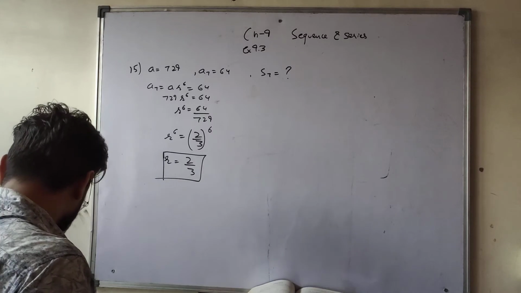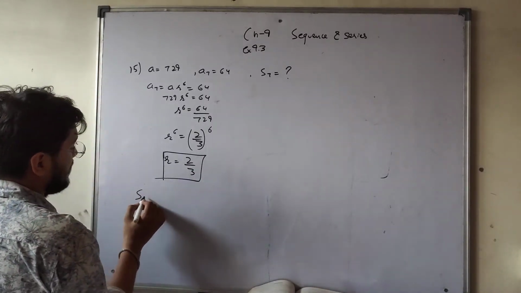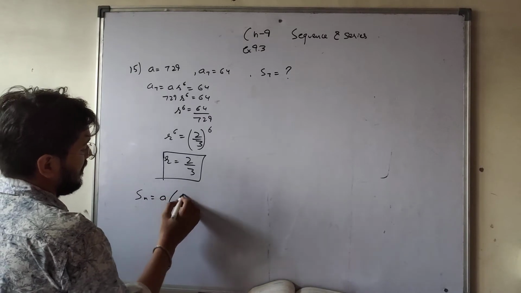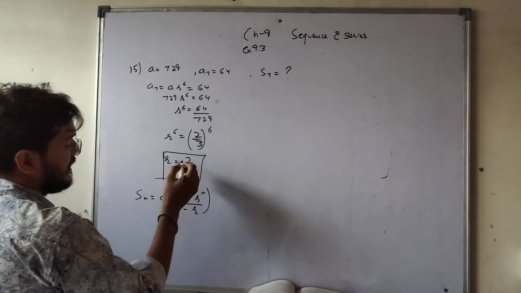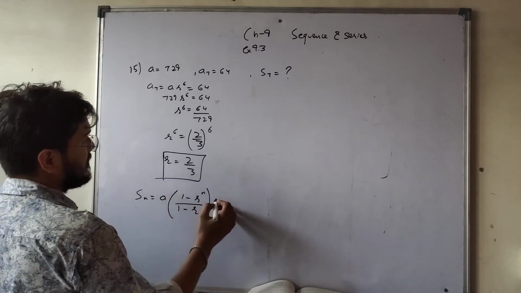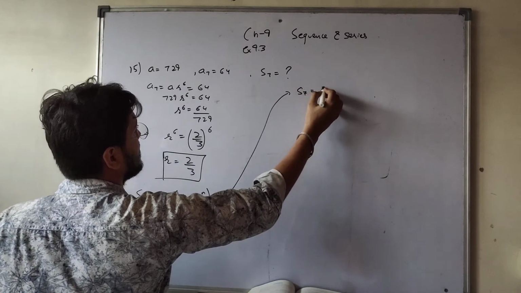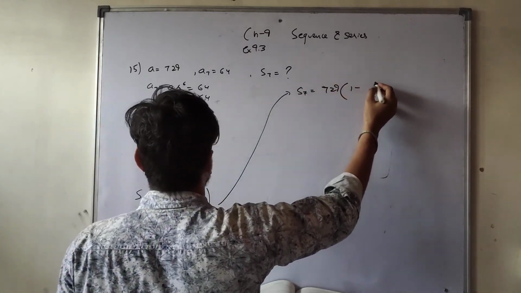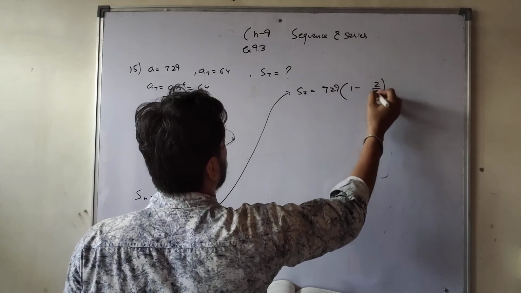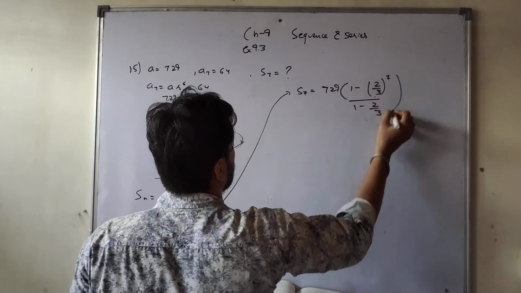So now let's put the values into S7. Sn is equal to a(1 minus r raised to power n) upon 1 minus r, because r is less than 1. So S7 is equal to 729 times (1 minus (2/3) raised to power 7) upon 1 minus 2/3, right?